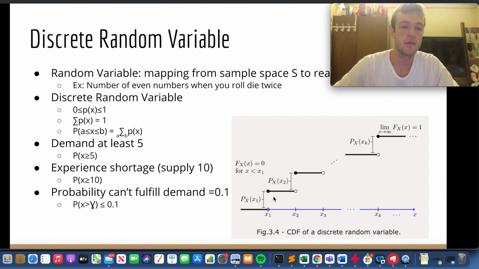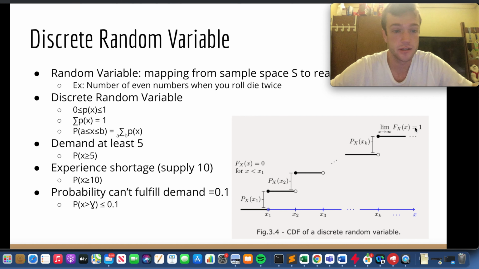The probability between A and B is equal to the sum of the probabilities between A and B. On our right, we see a CDF, and because it is a discrete random variable, at each instance there is a probability. The cumulative distribution jumps up. So we go over, we jump up, we go over, we jump up, we go over, we jump up.